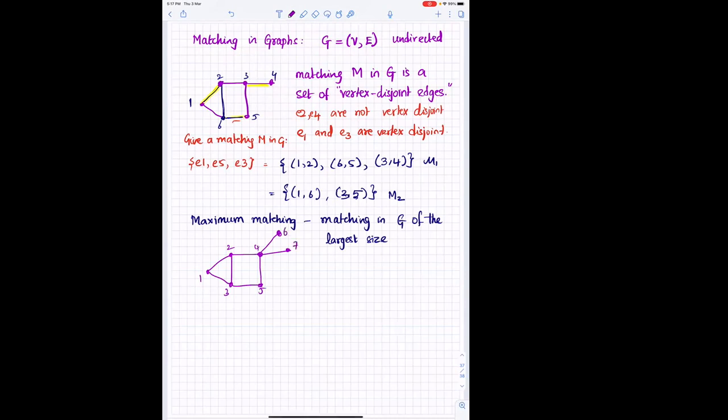So here, how many maximum matchings are there in the graph? You can either choose 4, 6 or 4, 7. So there can't be just one. You can choose 1, 2, you can choose 3, 5, and you have two options for this vertex. So you can either choose 4, 6 or you can choose 4, 7. So the maximum matching is not unique.